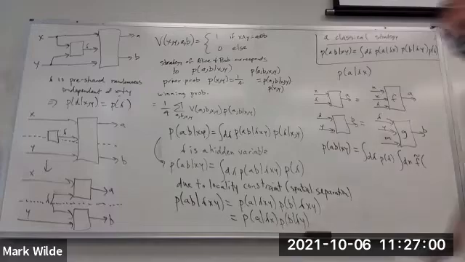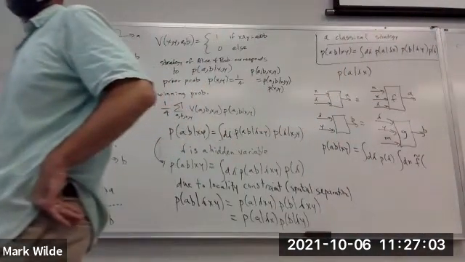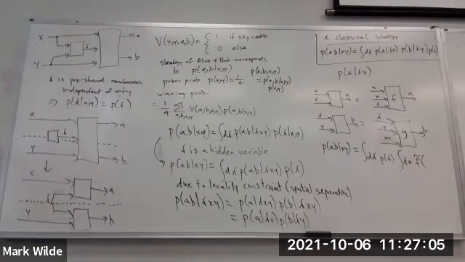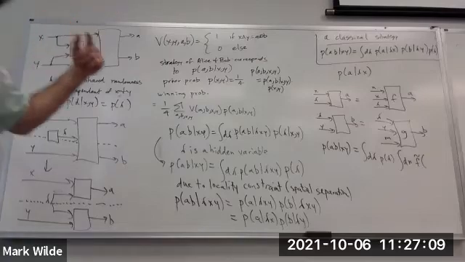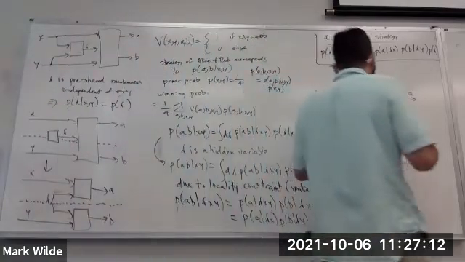So if it's deterministic, it's a degenerate probability distribution with all zeros except a one somewhere, right? But it's chosen such that it realizes the function.